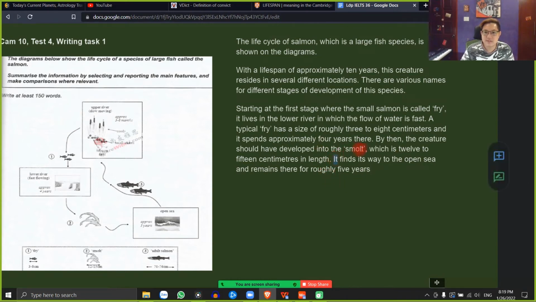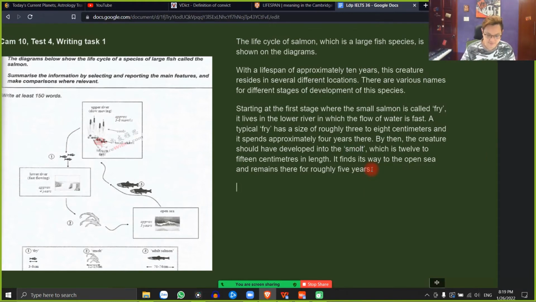"It" here stands for the smolt, you know. It refers to smolt. It finds its way to the open sea and remains there for roughly 5 years.